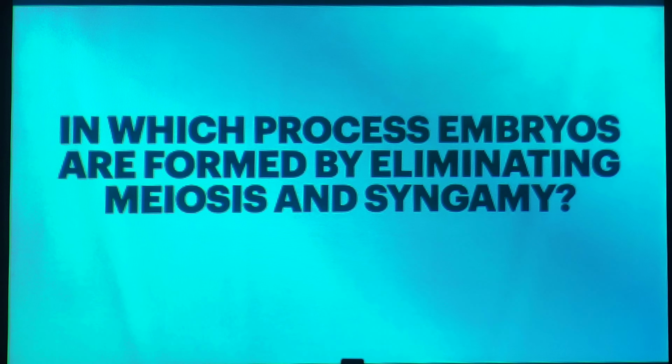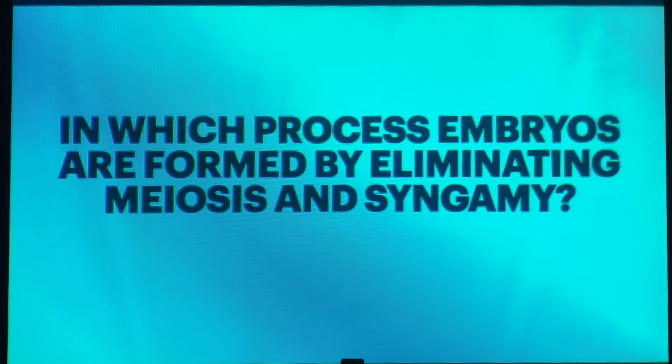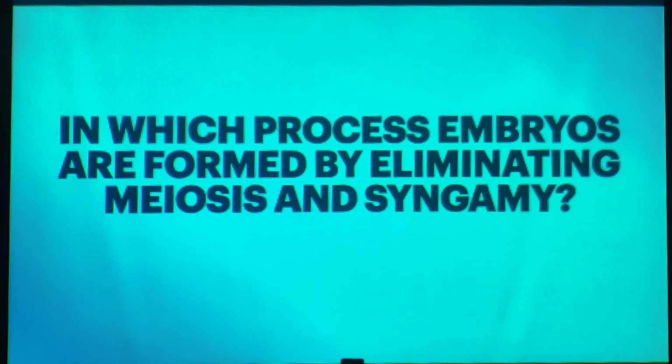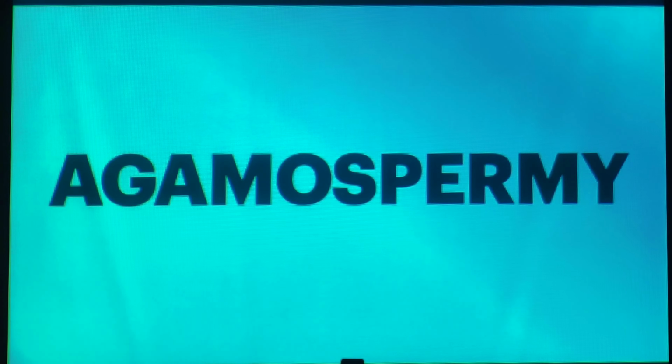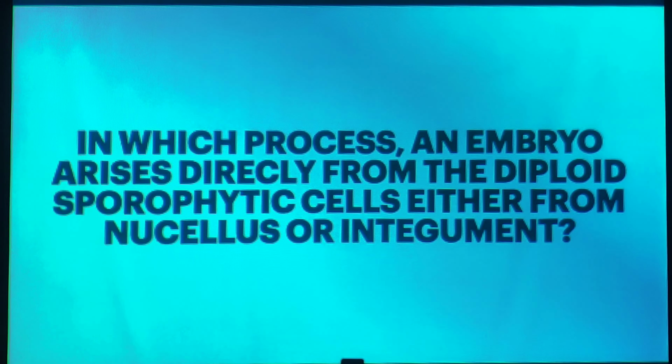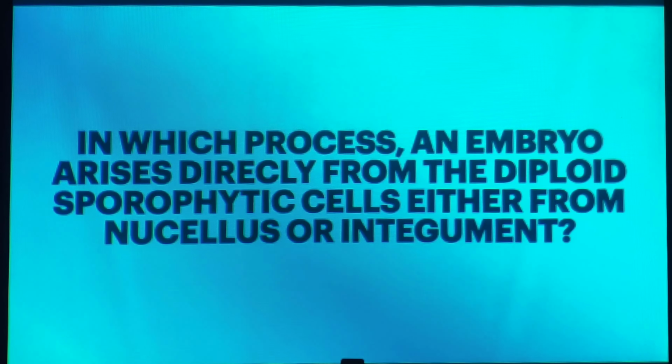chrysanthemum. In which process are embryos formed by eliminating meiosis and syngamy? Agamospermy. In which process does an embryo arise directly from the diploid sporophytic cells, either from nucellus or integument?